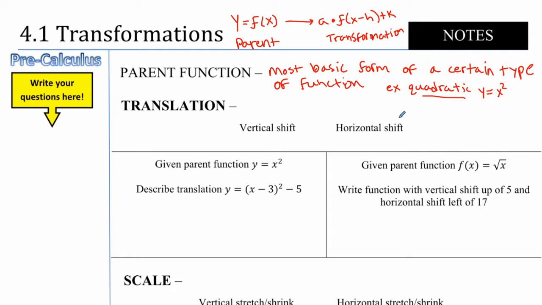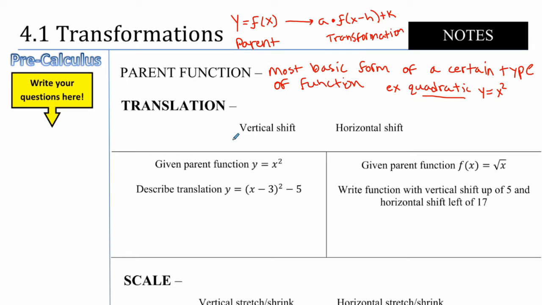Okay. A translation. That's something that you definitely talked about in your geometry class, where you were doing transformations of different shapes. So for a translation, imagine the graph of your function is a magnet sitting on your fridge. Your fridge is the coordinate plane.